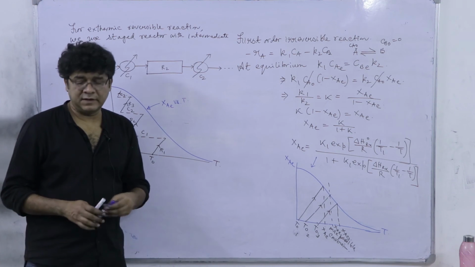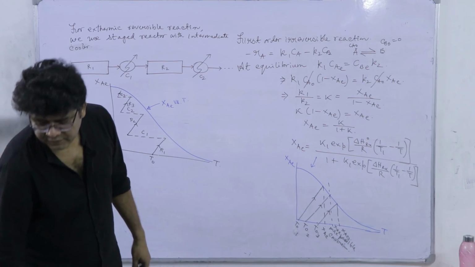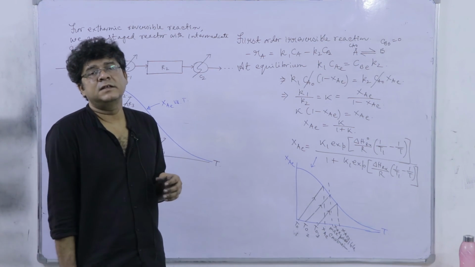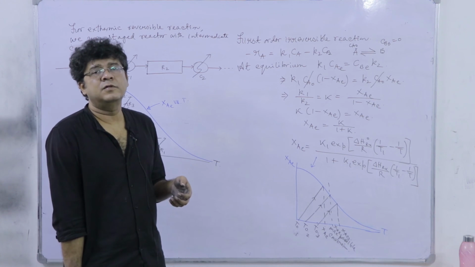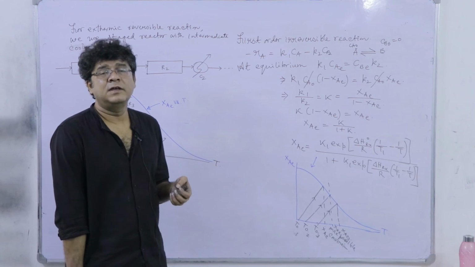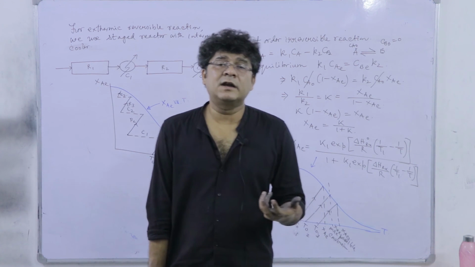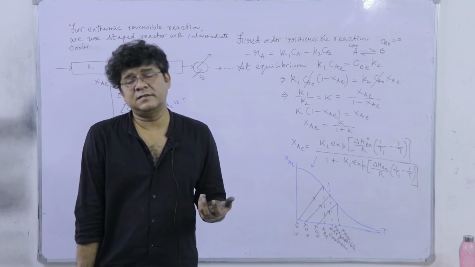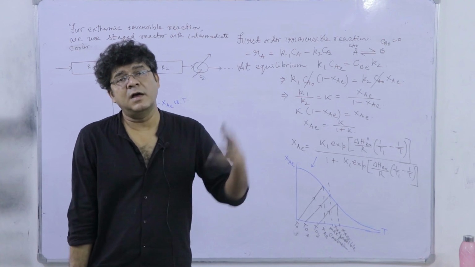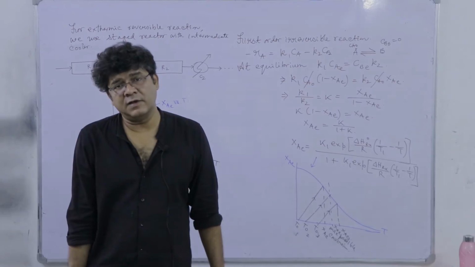So that's all for this thermal perspective of the reactor. In the next session, we will discuss the non-ideal reactor, how to track the non-ideality by conducting a simple experiment called residence time distribution experiment, and therefrom how we can model this non-ideal reactor. Thank you.